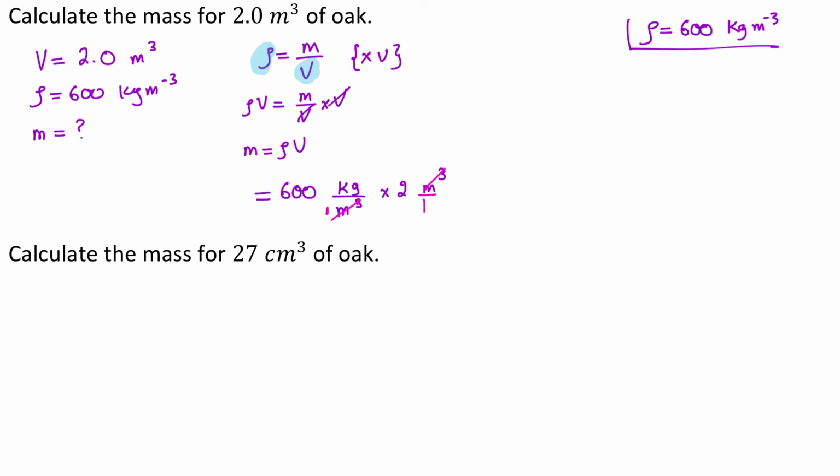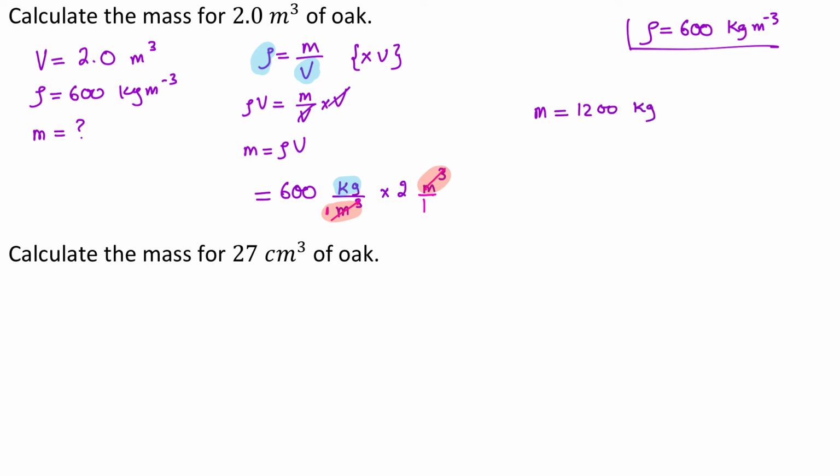And what you're left with, I'm going to highlight everything that's canceled out in red. The only thing that we're left with in terms of our unit is kilograms, which is the mass, which is exactly what we need. And the 600 gets multiplied by 2, and therefore mass is going to equal 1200 kilograms.